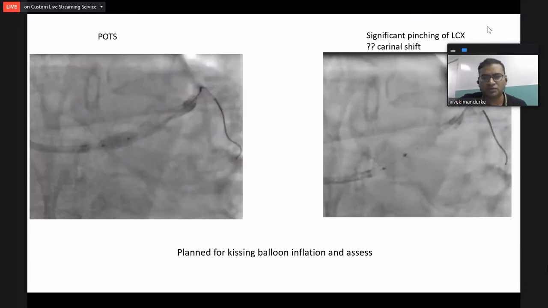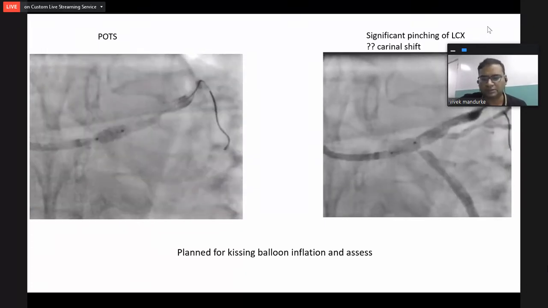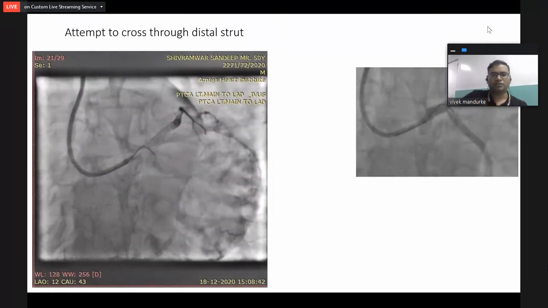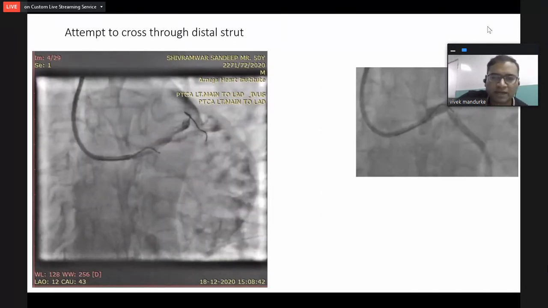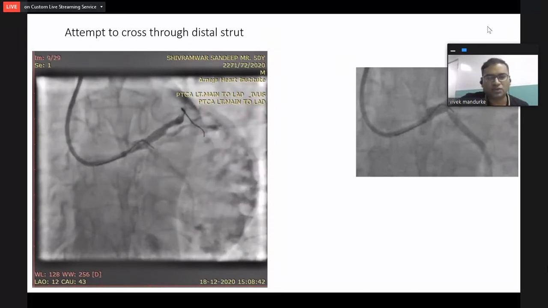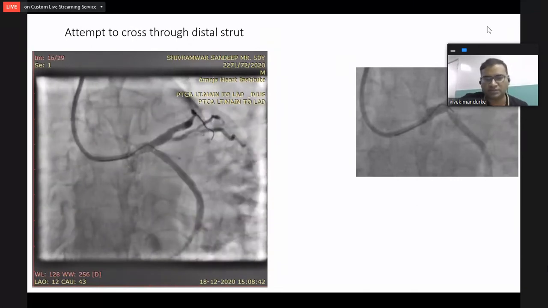So our plan was to do kissing balloon and assess the condition of the circumflex ostium. The mistake we made was that we had not kept a wire across the circumflex at that time. So this is the attempt to cross the circumflex.